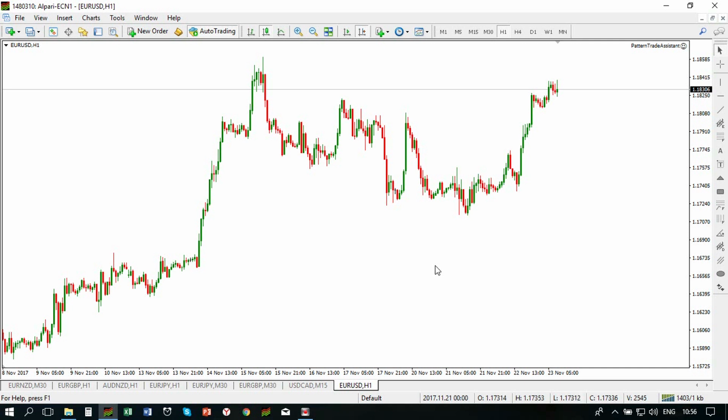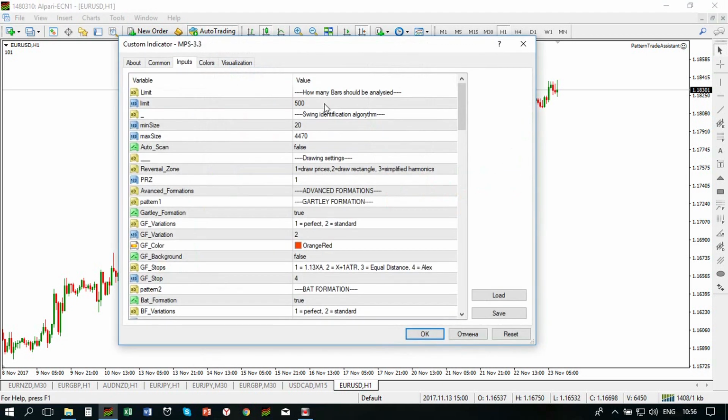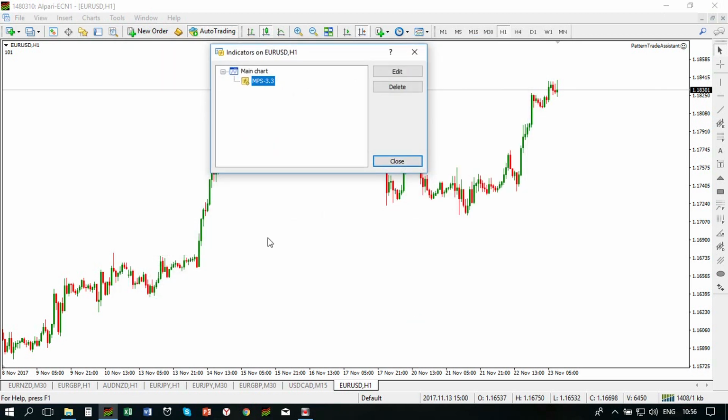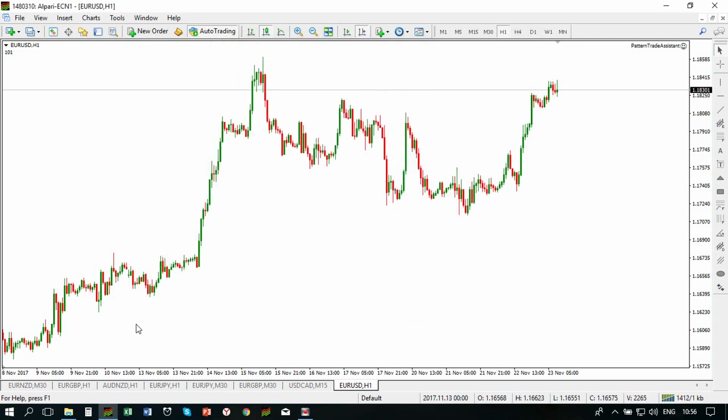You have some additional bonus features. What if you press X and then click on whatever bar? It will tell you the number of bars. Very needed if you wish to analyze a limited number of bars. You say, okay, I want my bars to be analyzed on the visible part of my chart.